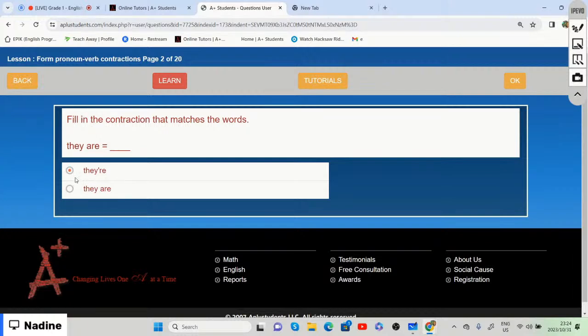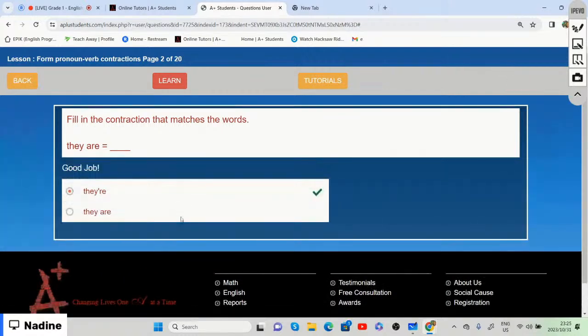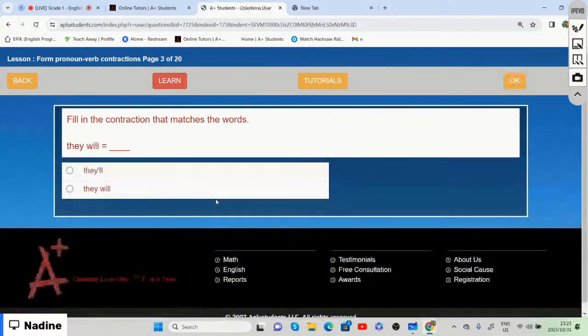And remember, we said that the first word stays the same, which is they. And with are, we only remove the A with the apostrophe and then R-E. So they're is in there, and that is correct. So yes, the first option is correct.